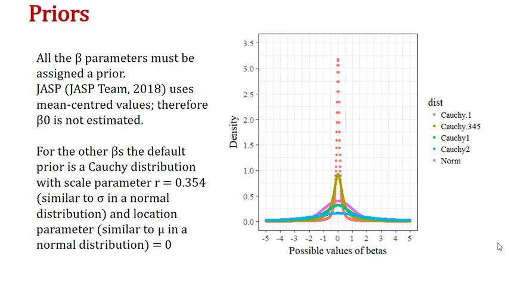There is an easy transformation of betas to unstandardized betas, and the calculation is easier this way, but I prefer to keep the betas unstandardized because they are easier to understand. Okay, so these are the priors, and as mentioned in previous videos, this is the unique aspect of Bayesian statistics. We assign priors to possible parameter values.